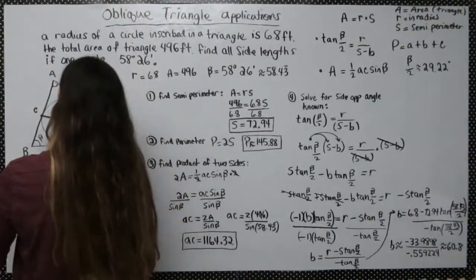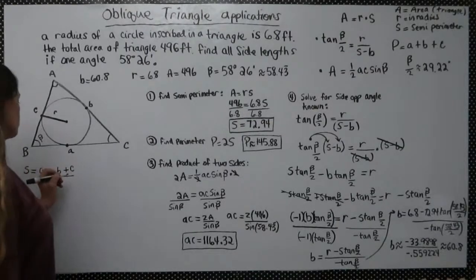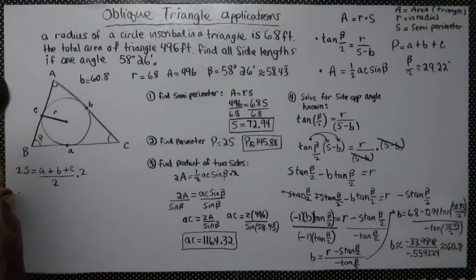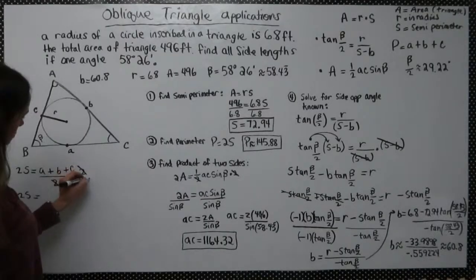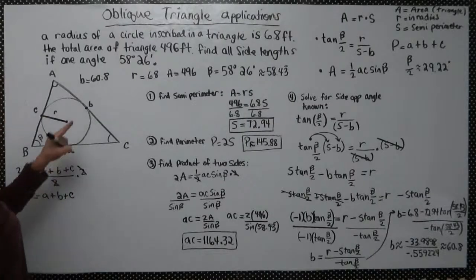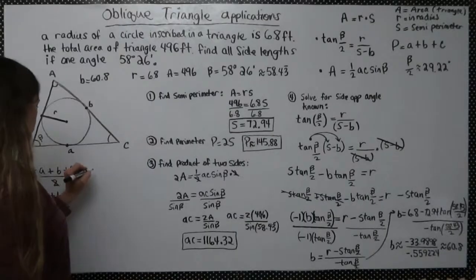But we can use this to find A plus C, because we know B. So multiply both sides by 2, those cancel, and 2S equals A plus B plus C. And B was 60.8.